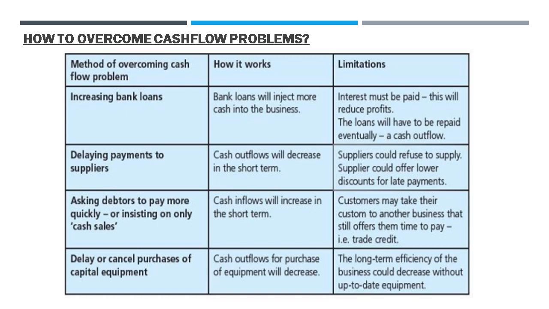But this will eventually lead, in the long run, to decreased efficiency or productivity. This might again increase the cost of production, which will force the selling price to be higher, and it might lead to losing customers to its competitors.